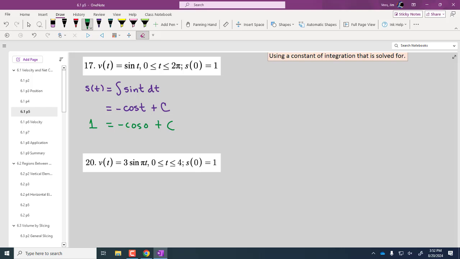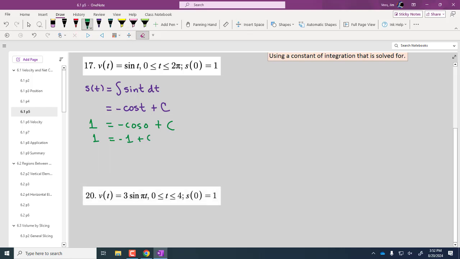On the right, we have cosine of 0. And what's cosine of 0? 1. So we end up with 1 equals negative 1, plus c. So what does c have to equal? 2. So therefore, our position function is negative cosine of t plus 2.